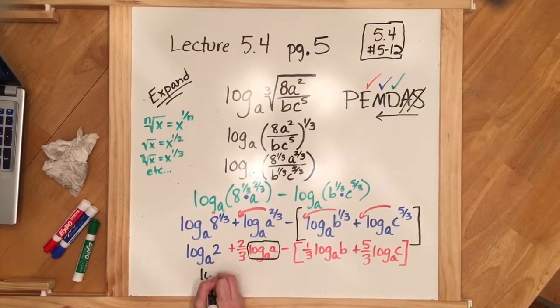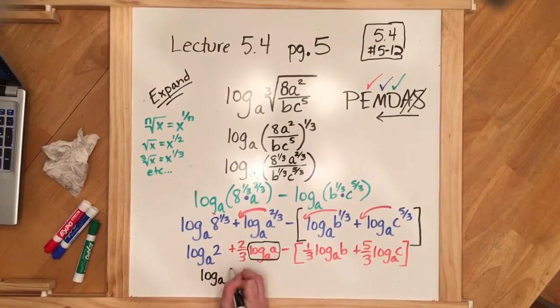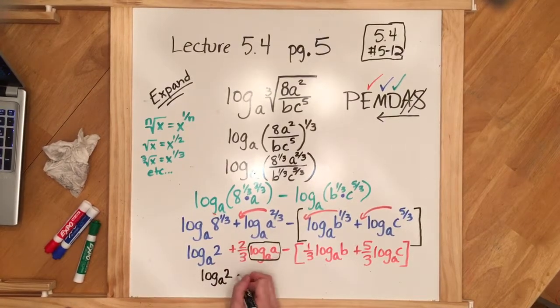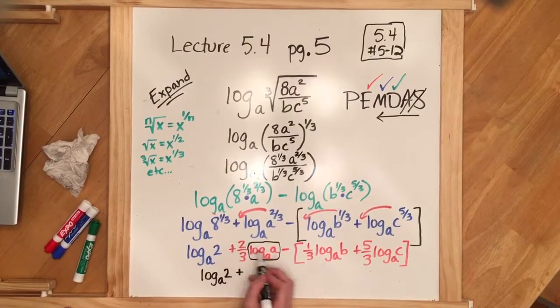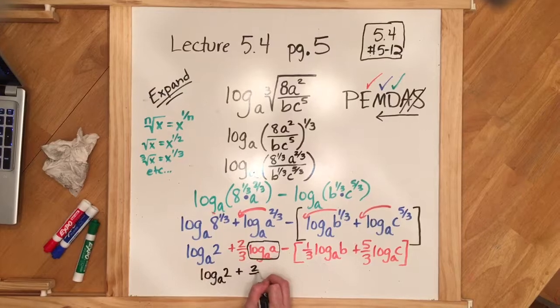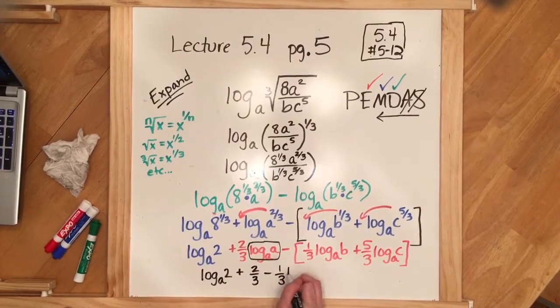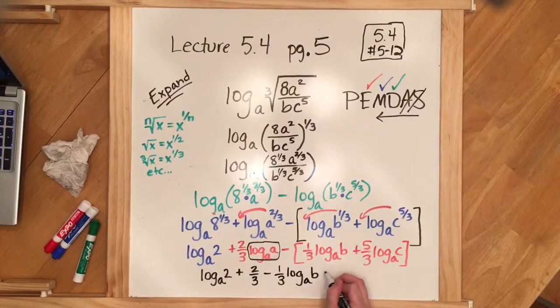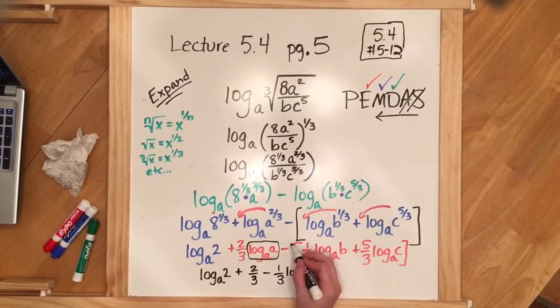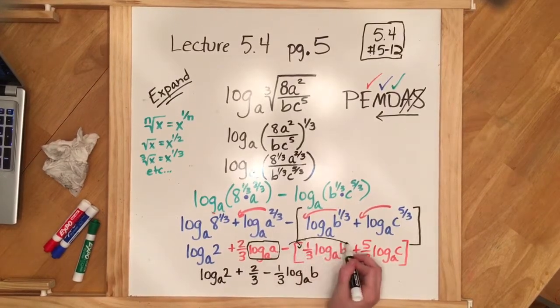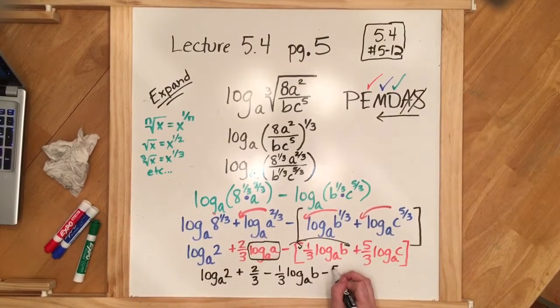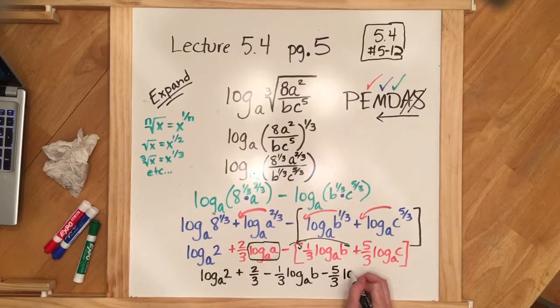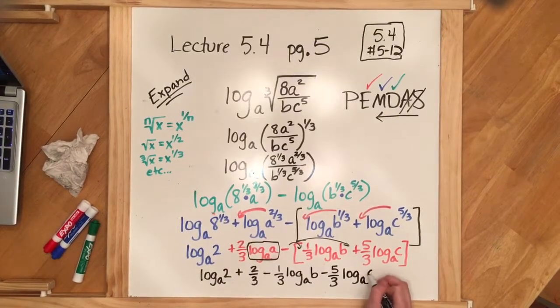So we have log base a of 2 plus 2/3 times 1, which is just 2/3, minus 1/3 log base a of b, minus, you got to distribute that here, minus 5/3 log base a of c.